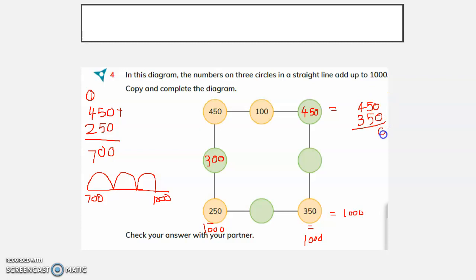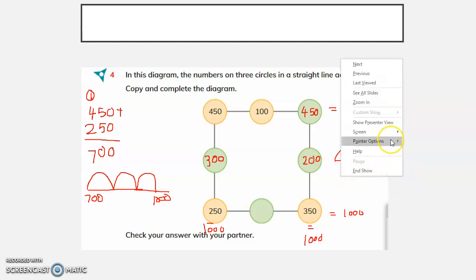We get 0. 5 plus 5 is 10. 4 plus 1 is 5. 5 plus 3 is 8. 800. When you add these three numbers, you should get 1000. So how much difference is there between 800 and 1000? There is a difference of 200, right? So this number should be 200.